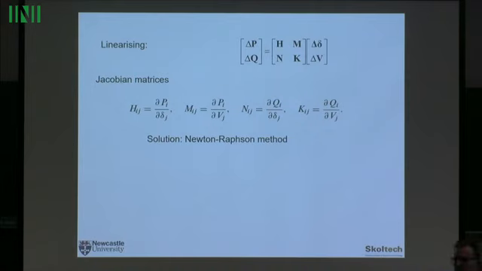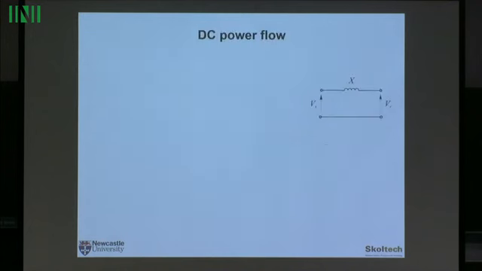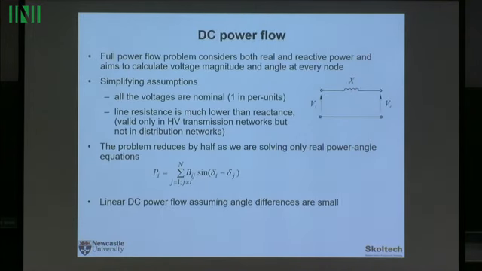So there are a number of simplifying assumptions which you can make, and that's fine as long as you understand the consequences. For example, if you use the linear model for a heavily loaded network, it's wrong, because the angles are not small, and you cannot model anything approaching stability limits. Okay?